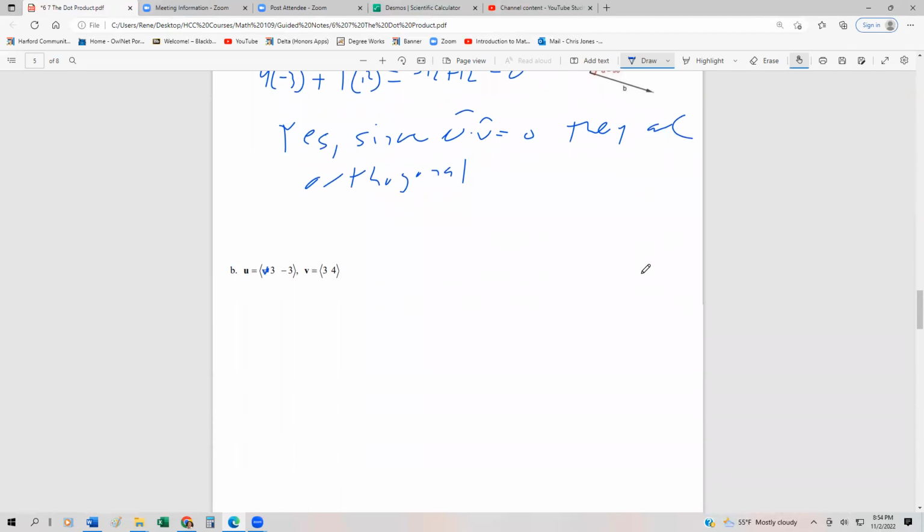We have this one, where this equal sign shouldn't be there. So we would have u dot v equal to 3 times 3 plus -3 times 4. That would be 9 minus 12, which is -3, which is clearly not equal to 0.